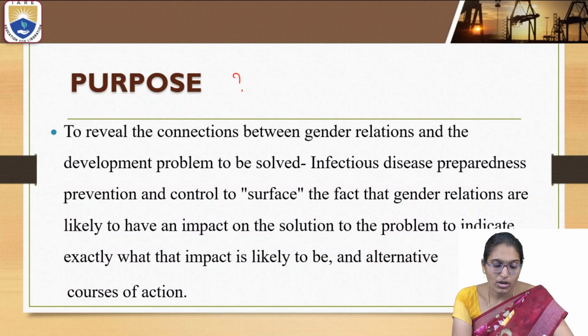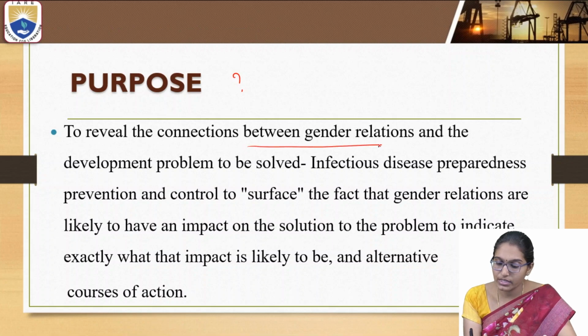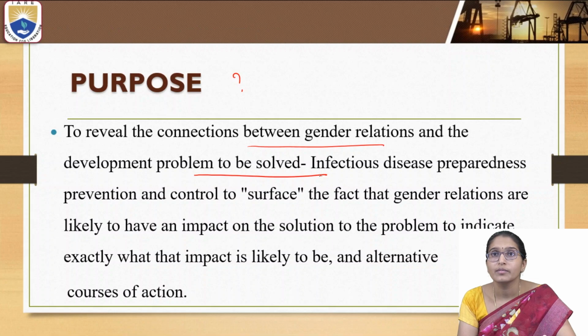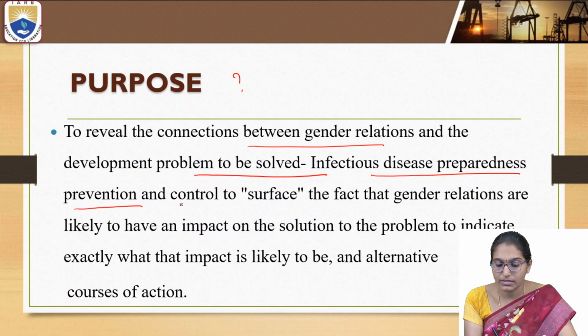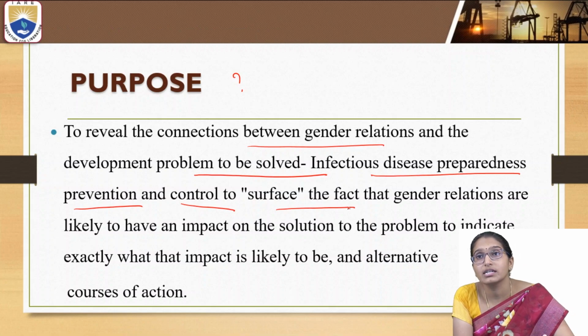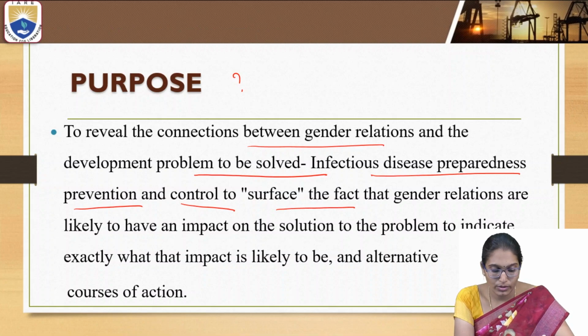It is because to reveal the connections between gender relations and the development problem to be solved, infectious disease preparedness and prevention as well as control, to surface the fact that gender relations are likely to have an impact on the solution to the problem, to indicate exactly what the impact is likely to be. It can be an alternative course of action.